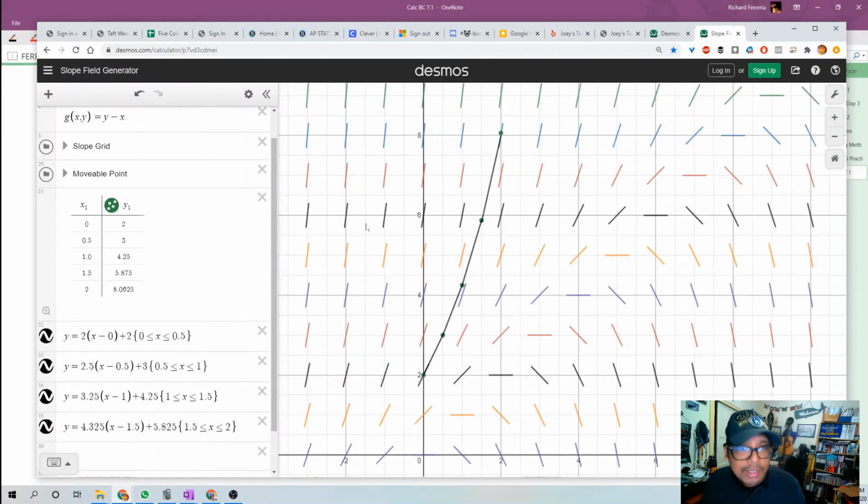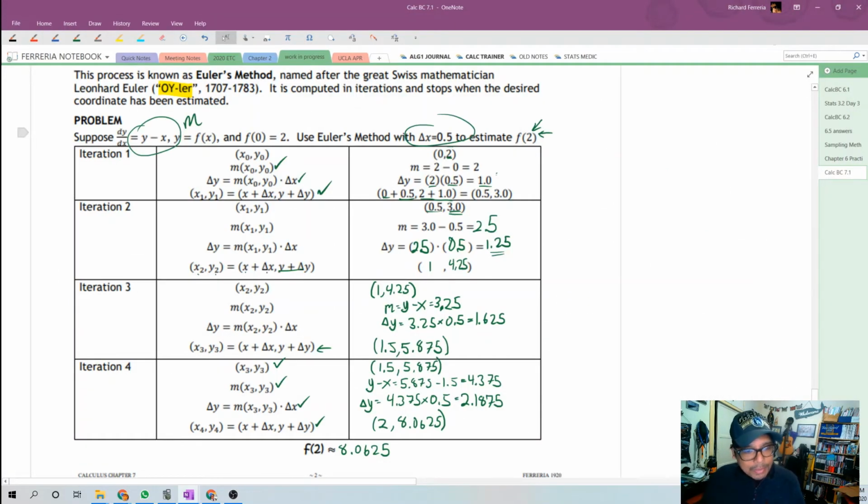And that tells us our coordinate approximation. So that's just a graphical look at what Euler's method looks like, aside from doing it all analytically. And you can see that it is very much related to that slope field. It does follow that slope field in small increments.